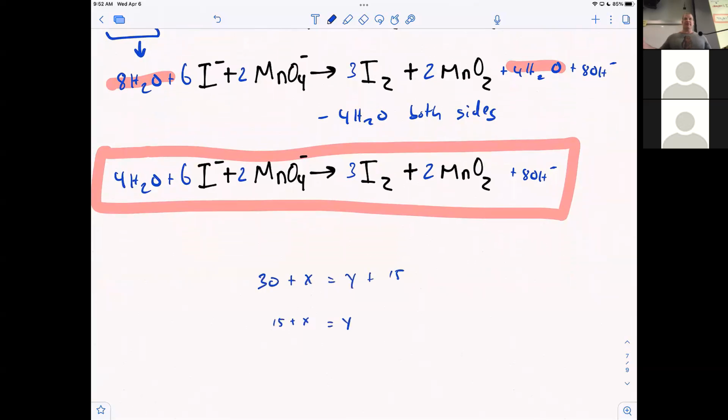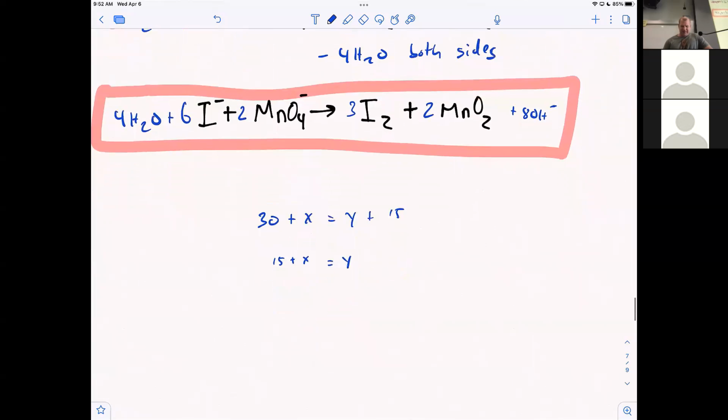Where did the 15 go? It just goes away. Since it doesn't participate, it goes away. It's a spectator, right? You can write any number of variables.